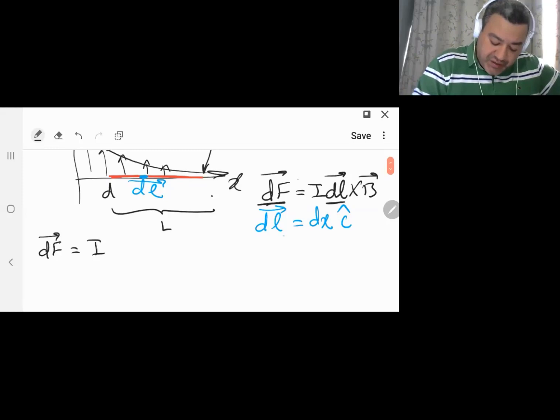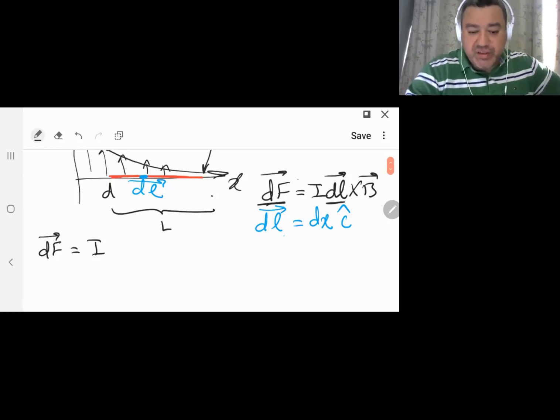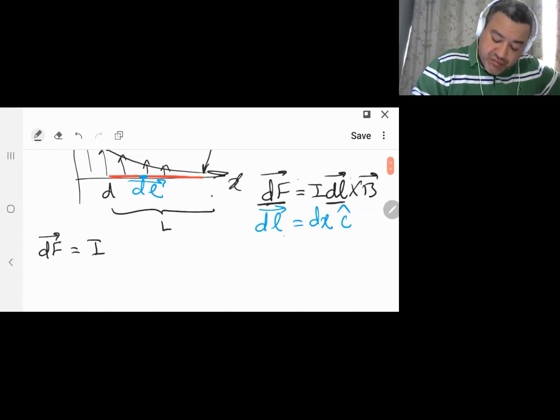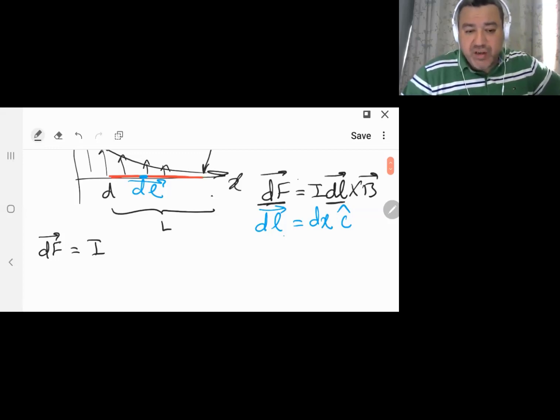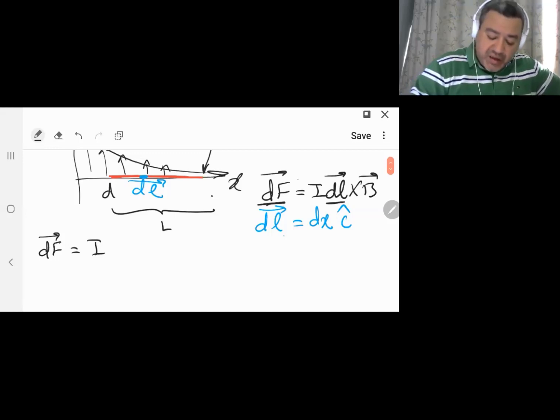So I let the value of the current decide on my sign, and I write my differential element using the positive direction of the coordinates.